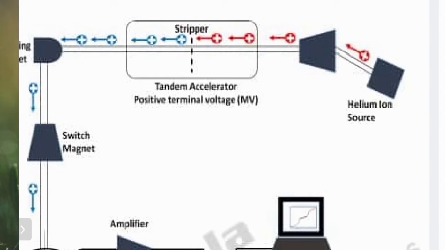The ion accelerators are of two widely used types. One is the Van de Graaff electrostatic accelerator, and another one is the tandem Van de Graaff accelerator.